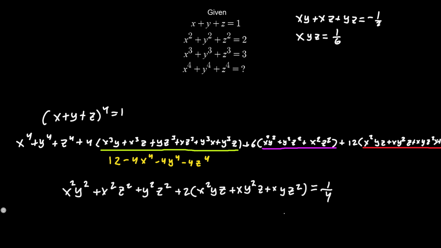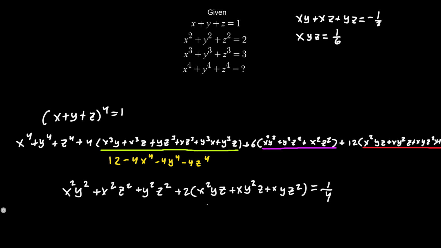And here, we need to understand that if we factor out x from all this, we're going to have x times xyz, and then plus y times xyz, and then z times xyz. And we know that xyz is 1/6, so we can replace all that with 1/6.